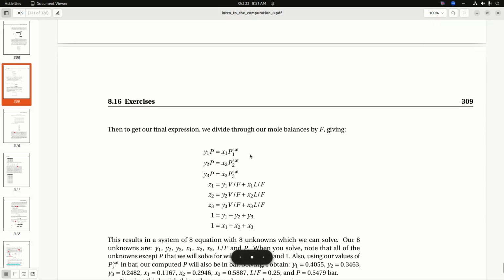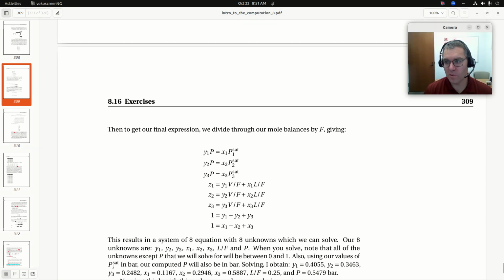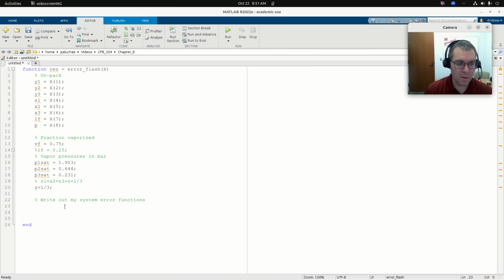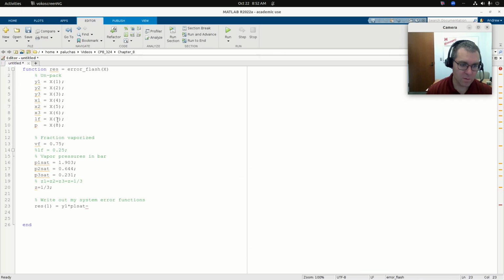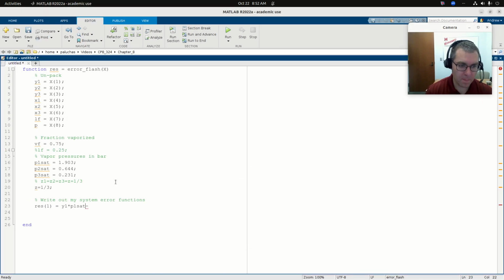In terms of my equilibrium expressions, res1, the first element of my vector that's going to get returned, I just have one output. Res1 is going to be y1 times p minus the right hand side, x1 times p1 sat.